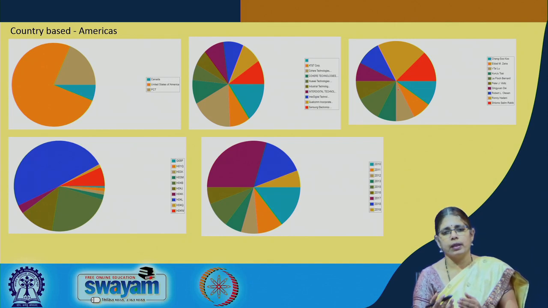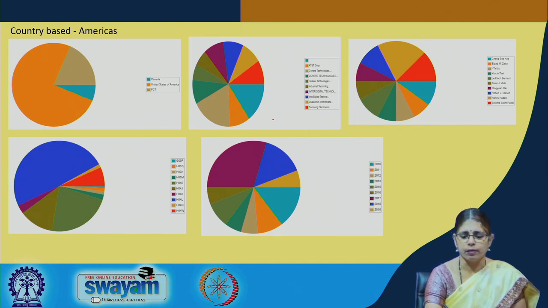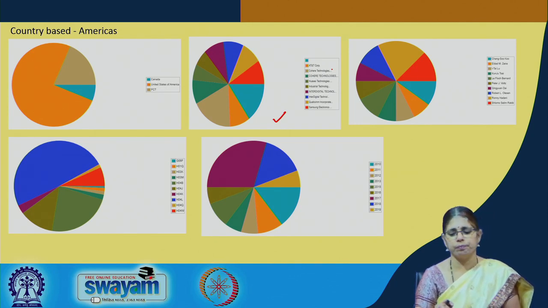If you go by the analysis within the Americas, who are the different assignees? In the second figure you can see there are different assignees: AT&T, Cohere Technologies, Huawei and many others, Samsung, Qualcomm, InterDigital. So, these are the different assignees who have patents in this particular area, and the relative strength of the patents is depicted by this particular pie chart.